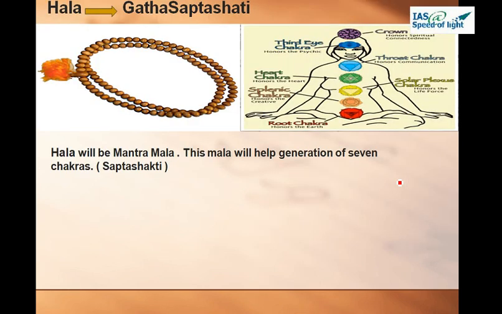Hala wrote a book, Gatha Sapta Shakti. Hala becomes Mala, like the mantra mala which people use to chant mantras. So this mala helps in the activation of 7 chakras, right? Gatha Sapta Shakti. Sapta is 7 and Shakti is power.